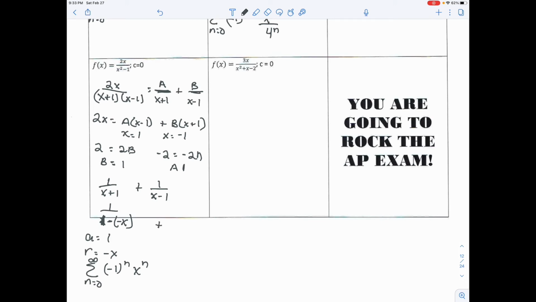Plus, this one we could rewrite as 1 over negative 1 plus x, dividing both sides by a negative 1. I get negative 1 over 1 minus x.